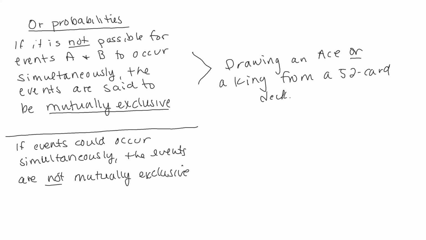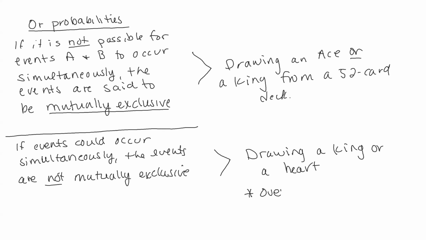There's no card that is simultaneously an ace and a king. Okay, you're either drawing an ace or you're drawing a king. There's no overlap between those two cards. Those events would be mutually exclusive. Now, a situation that would not be mutually exclusive would be drawing a king or a heart.